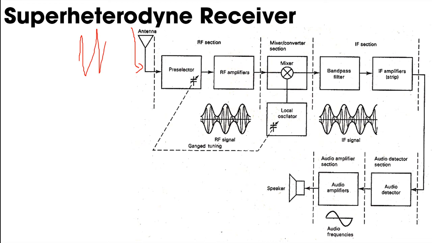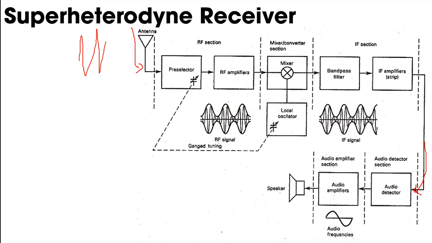And then we passed through the audio detector. What happened in the audio detector is that it converted the intermediate frequency back into the original signal that was sent to us, that contains the message that we want to decrypt.